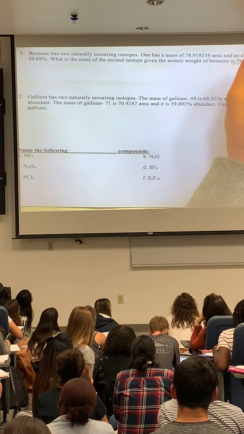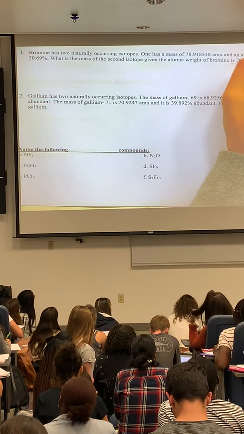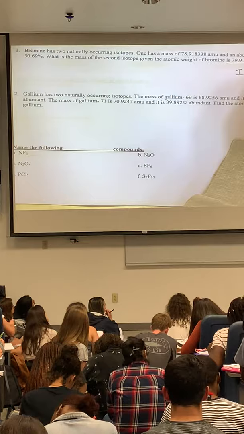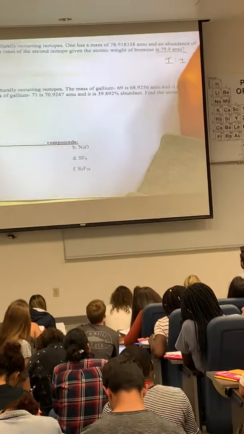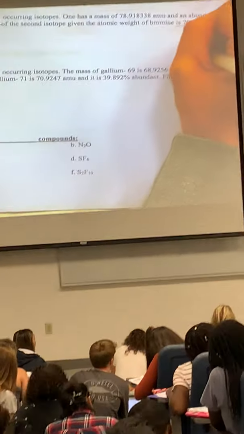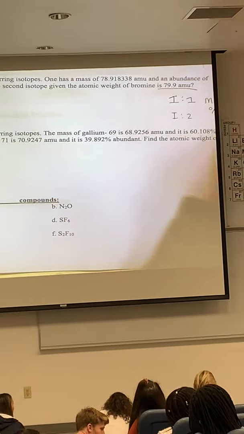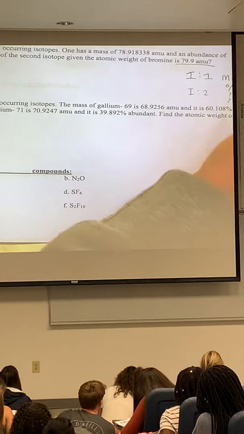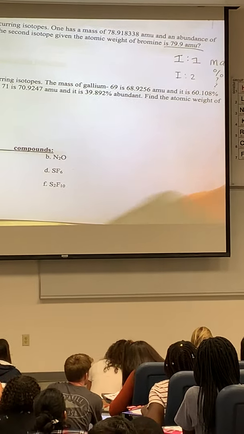So for isotope 1, I'll write it over here on the side. I'll call it I1. We have the mass, and then we have the percentage. For isotope 2, we currently don't have any information, mass or percent. Can we find either of these values before we start calculating?